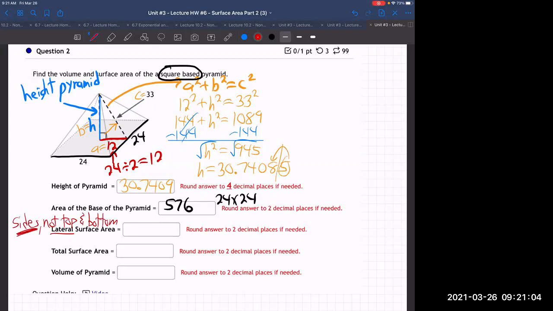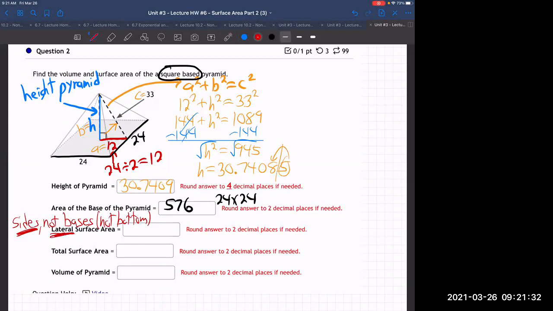It means sides, not bases, is technically what it means. So not the top or the bottom. In this case, not the bottom. Whenever they say find the lateral surface area, they mean find the sides. Don't include the top or the bottom. Don't include the bases. That's what lateral means.